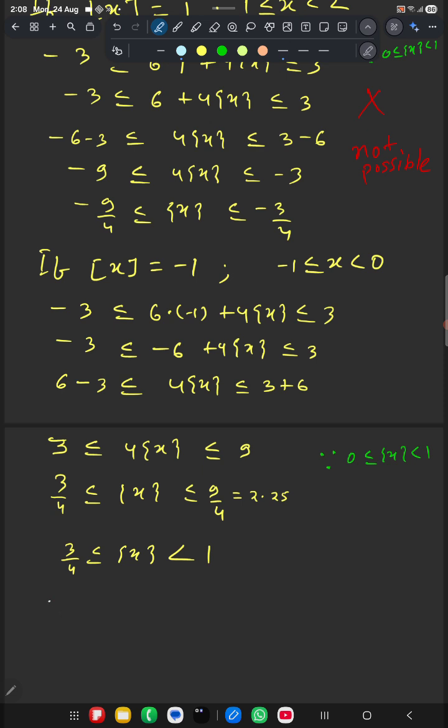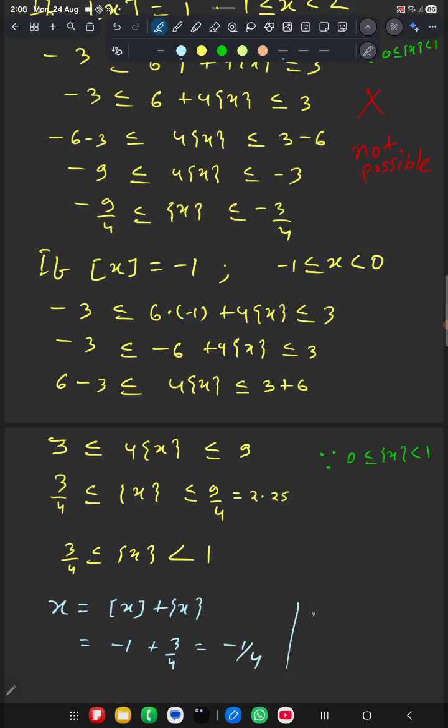Okay, so in this case, see what your x value will be. Using the formula x = greatest integer of x plus fractional part of x, for the lower limit you are taking greatest integer minus 1, and the fractional part for the lower is 3 by 4. So it will give you minus 4 plus 3 upon 4, that is minus 1 by 4.